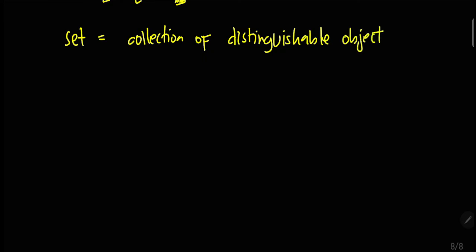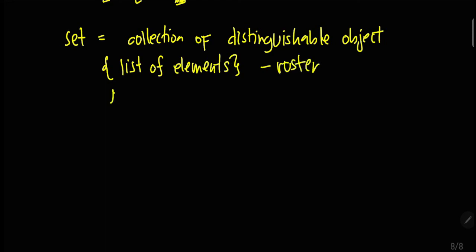Now you have two methods to write a set. Either you list the elements, that's the roster method, or you describe the elements.